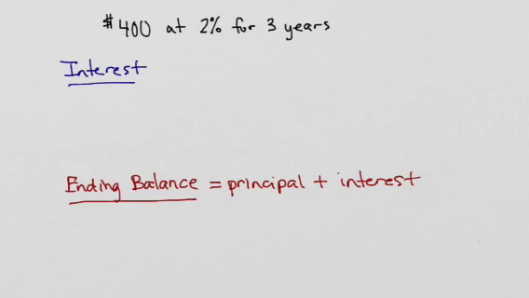Right, so here's an example. Let's say you take $400. You're going to put it into the bank, and the bank is going to pay you 2% interest, and you're going to leave that money in there for 3 years. All right, so the first thing we're going to do is find how much interest you have.